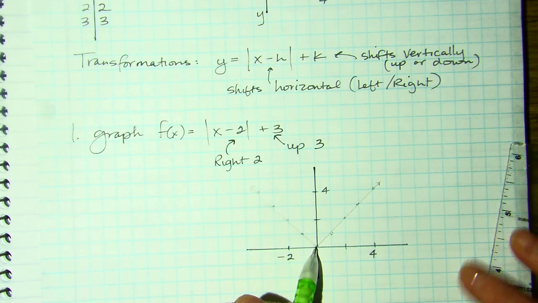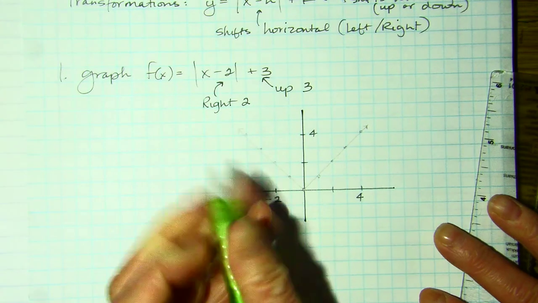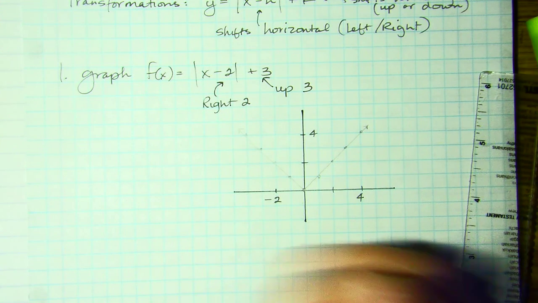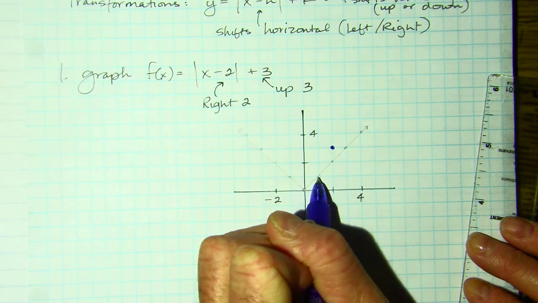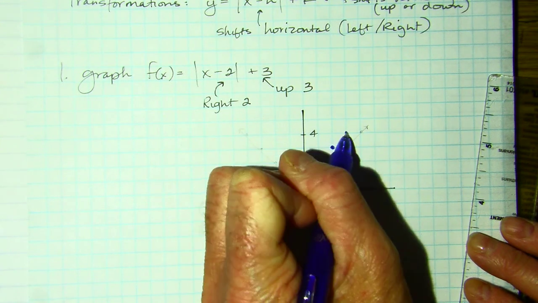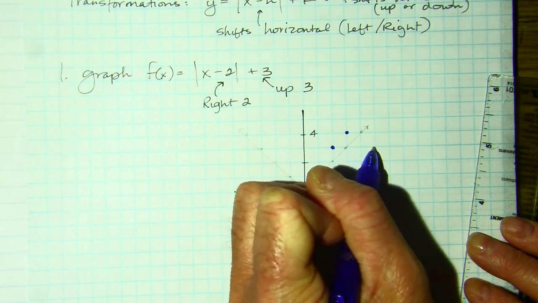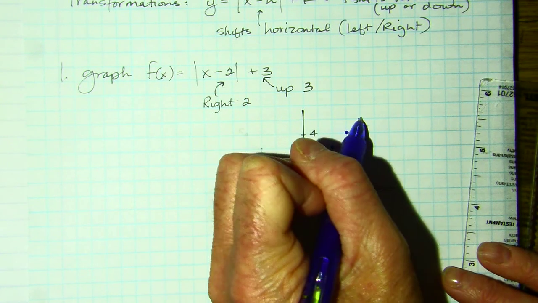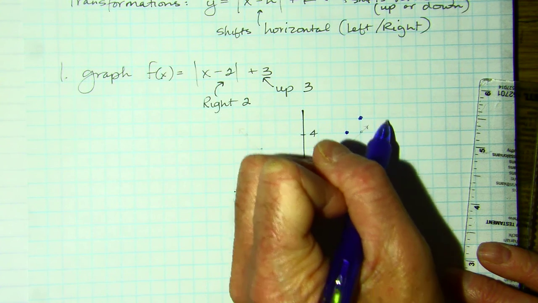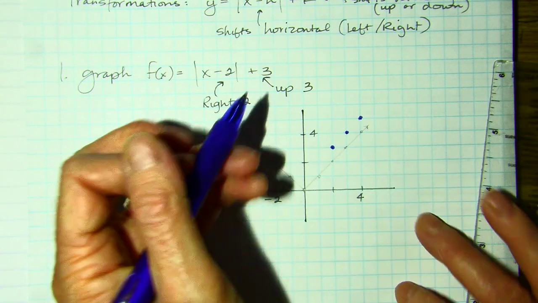Now I'm going to shift each point to the right 2 and up 3. Right 2 and up 3. Right 2, up 3. And you get the point.